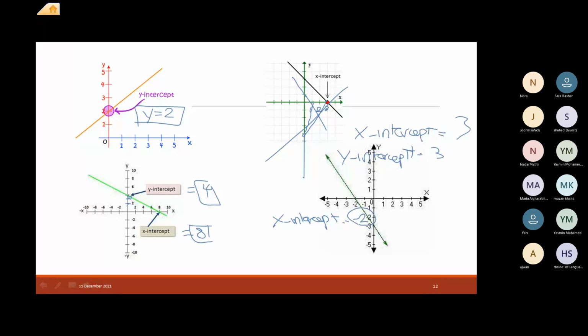Bravo, thank you, Maria. Where is the y-intercept? In negative 3. Bravo. So did you understand now what I mean by the y and x-intercept? Where the line cuts the x and the y.